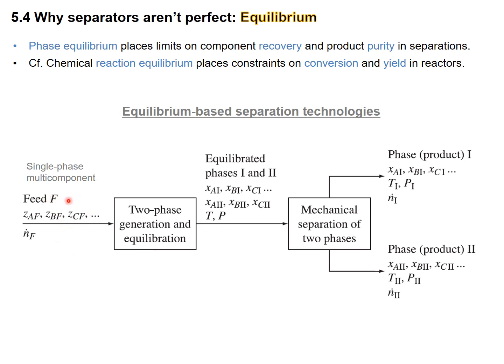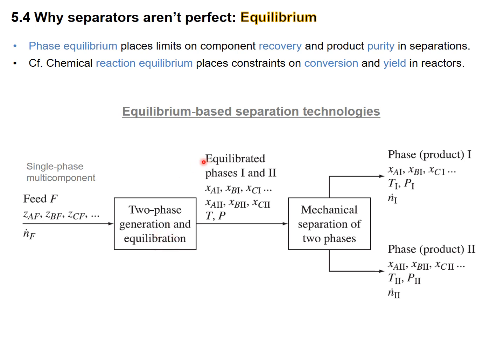Then it is introduced into a separator. In this separator, two-phase generation and equilibration happens. For example, at the very first time, you have a liquid mixture, and in the separator, you will heat the liquid mixture, then you could make the vapor and liquid. There is some equilibrium between vapor and liquid.